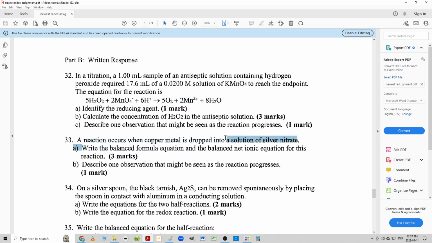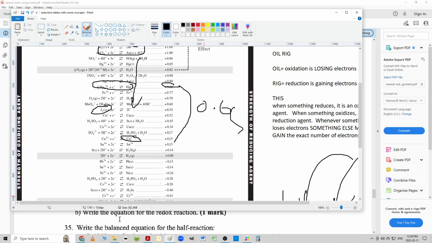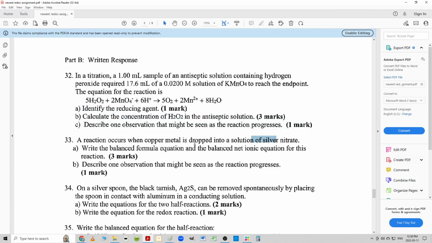A reaction occurs with copper metal dropped in a solution of silver nitrate. Great, that means copper naturally reacts with silver. Write the balanced formula, so you have to figure out who's above who. Copper is probably going to take electrons from the silver, but you never know. It all depends on who's up above. So here's Ag, and copper's below. So it looks like Ag will take the electrons.